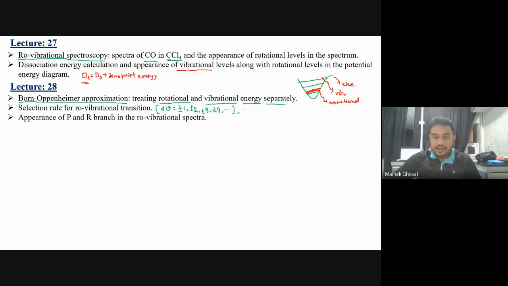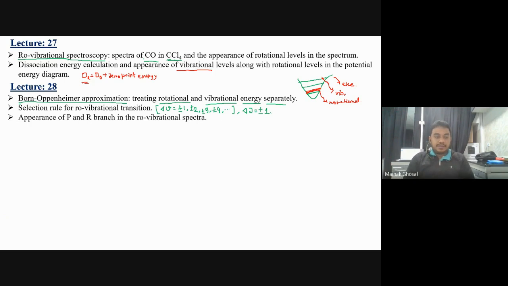And along with that, since you are considering the rotational vibrational transition, there will be another transition corresponding to delta J equals plus minus 1. So what is this transition? You know this. This is the rotational selection rule for rotational transition. Okay, so when you are considering rotational vibrational transition, you have to consider both selection rules and merge them.